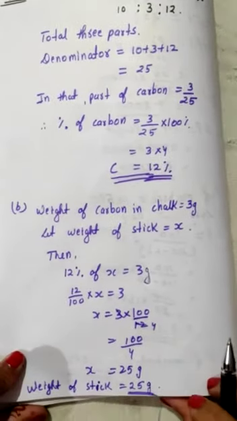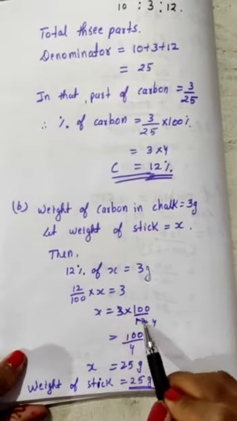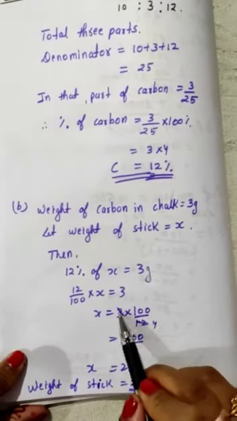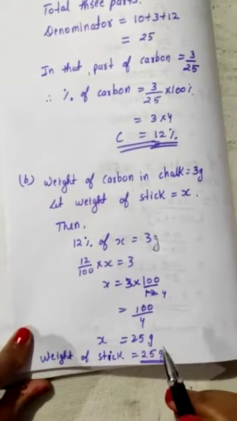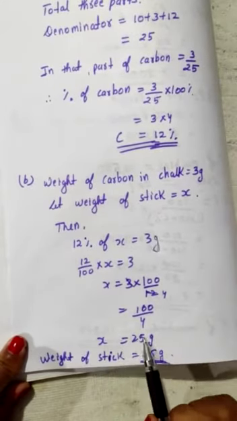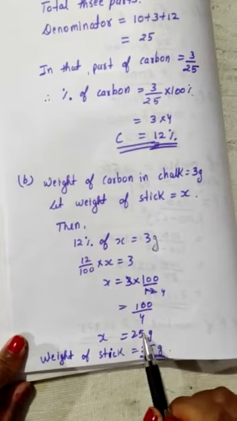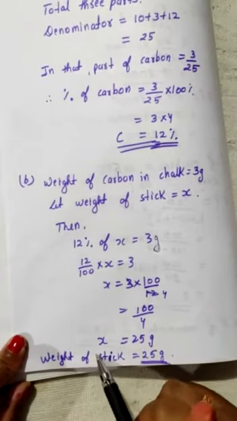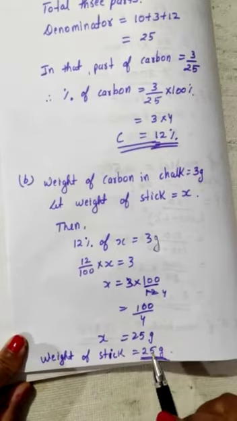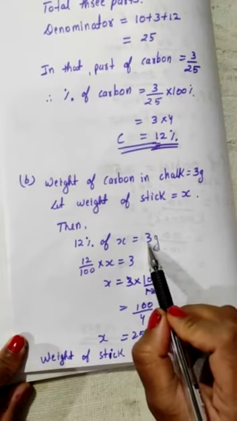Now you just have to simplify. 3 4s are 12, and 4 into 25 is 100. That means the total weight of the stick is 25 grams. The total weight of one chalk stick is 25 gram, out of which 3 gram is carbon.